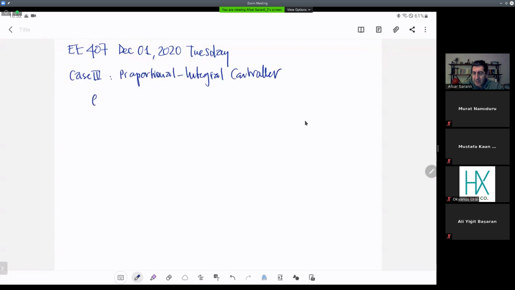Let's say GC of S, our controller transfer function, this time is Kc, which is the proportional gain, plus Kc over tau I times 1 over S, which is the integral constant.